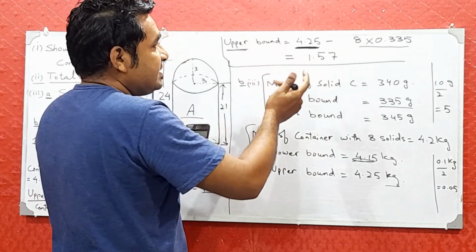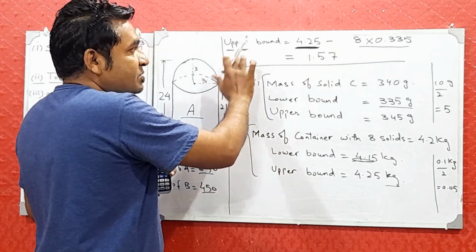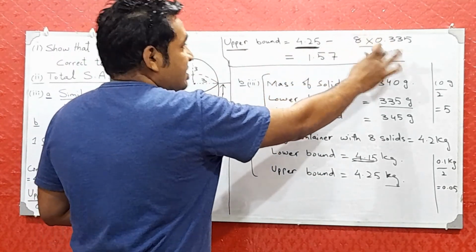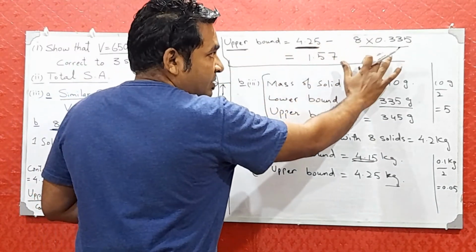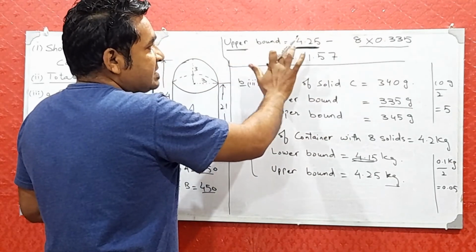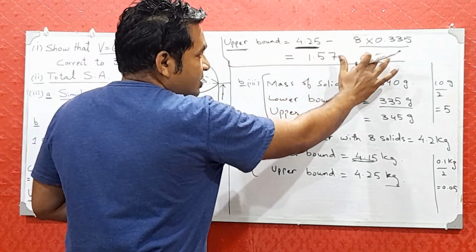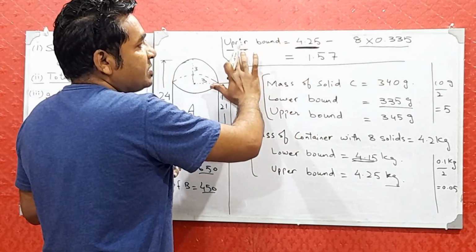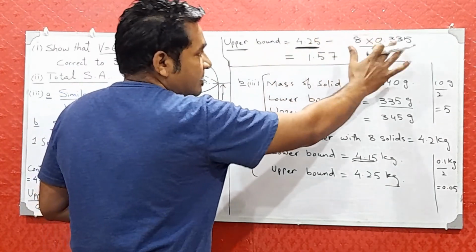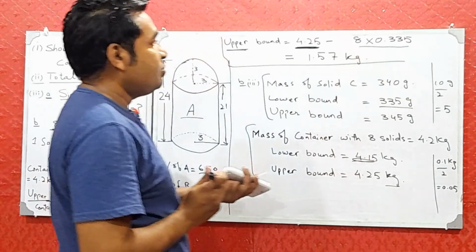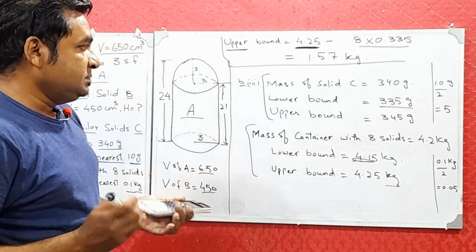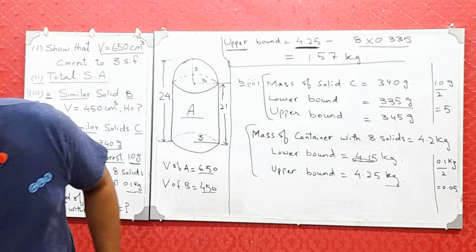So try to understand that. Here we are supposed to find the upper bound, so upper bound minus lower bound. Lower bound is equal to lower bound minus upper bound. So 1.57 is the answer of the question.